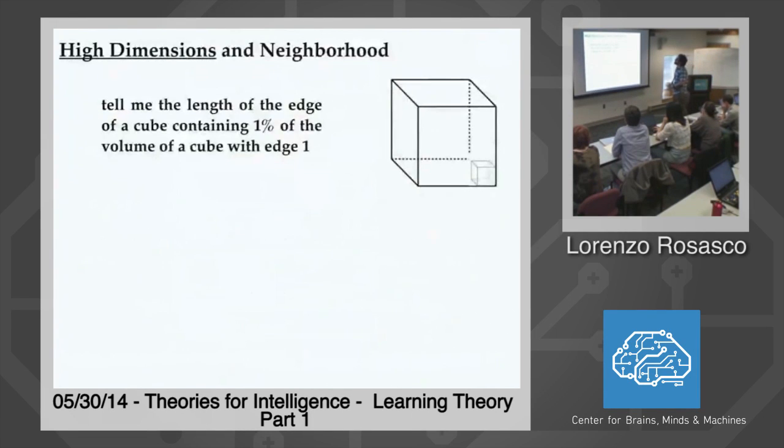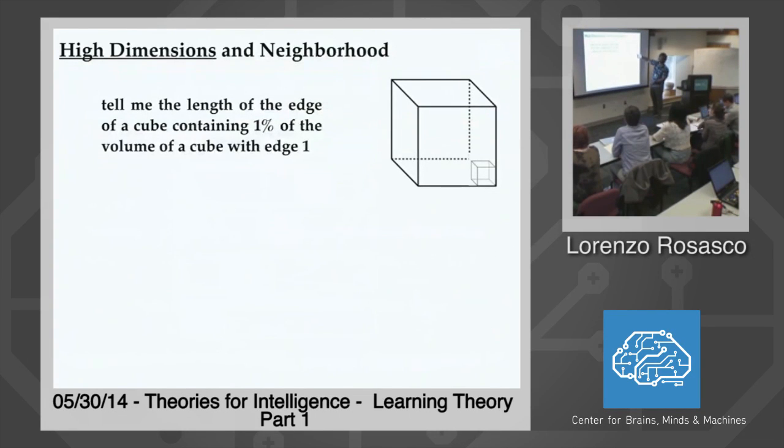One possible answer comes just from looking at a simple exercise, which is kind of boring to read, but simple. Take a cube, okay? The edge of the cube is 1, so the whole volume is 1. Now suppose that I want to put a cube inside. Don't admire my amazing drawing.